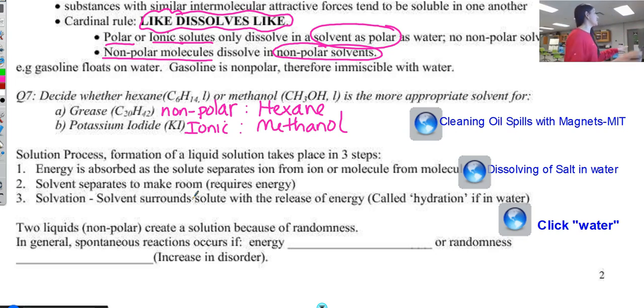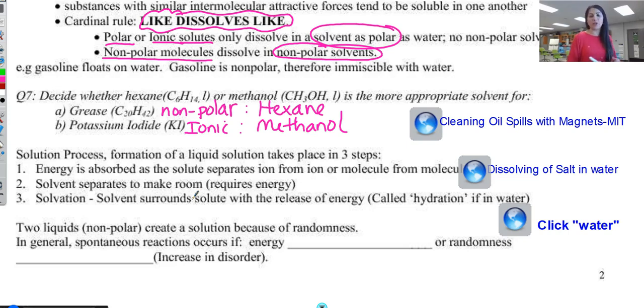Just a little bit of a side note here. 2 nonpolar liquids can create a solution because of randomness, okay? Similar to when we were talking about LD forces, for example. It's just randomness that happens, and then they can create a solution that way. In general, spontaneous reactions occur, and to be spontaneous simply means we don't have to add outside energy for it to happen.